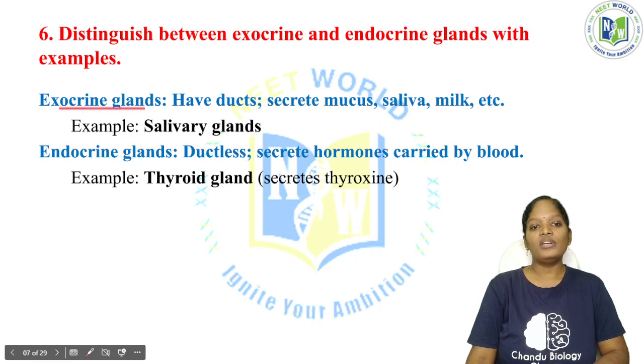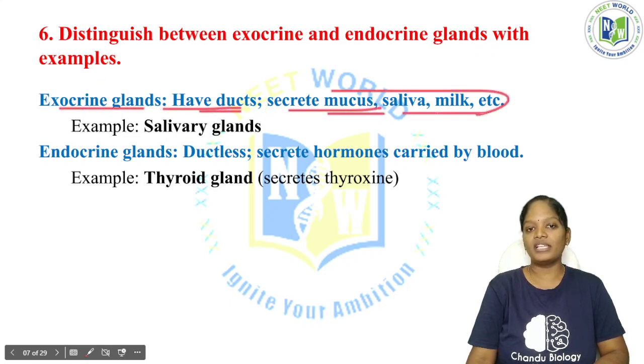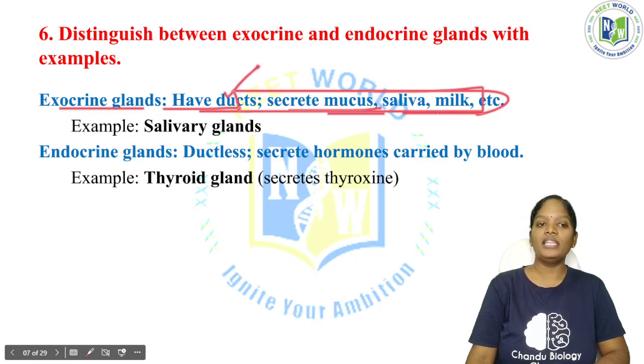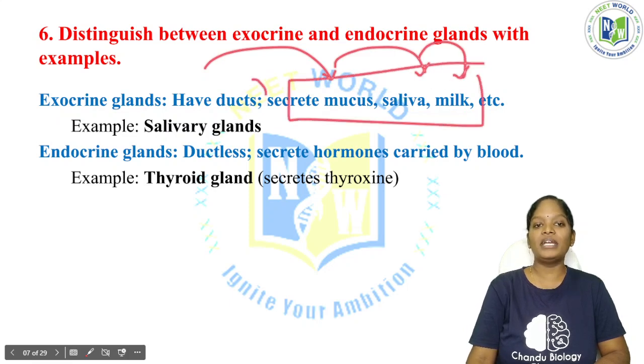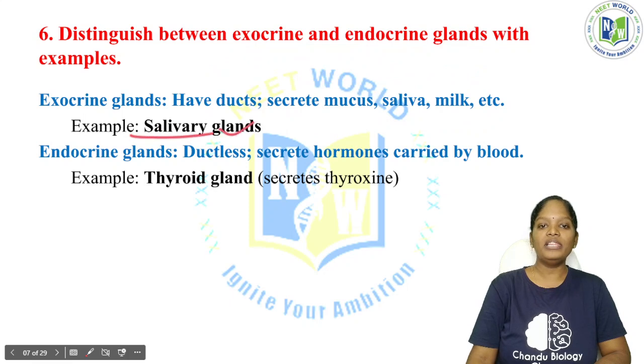The exocrine glands have a duct and secrete mucus, saliva, milk, etc. These are all secretions secreted by the glands. For example, salivary glands.